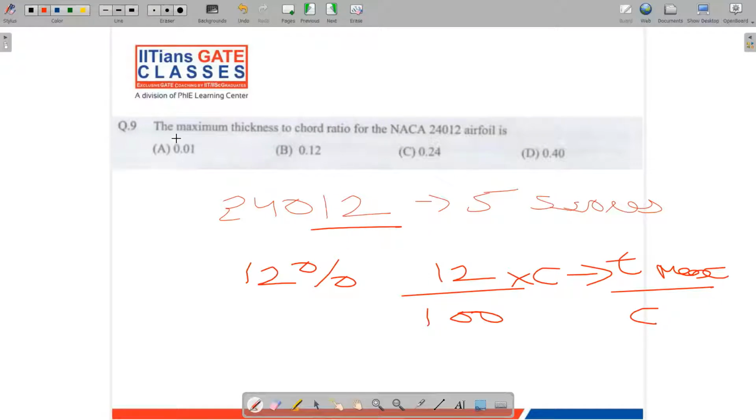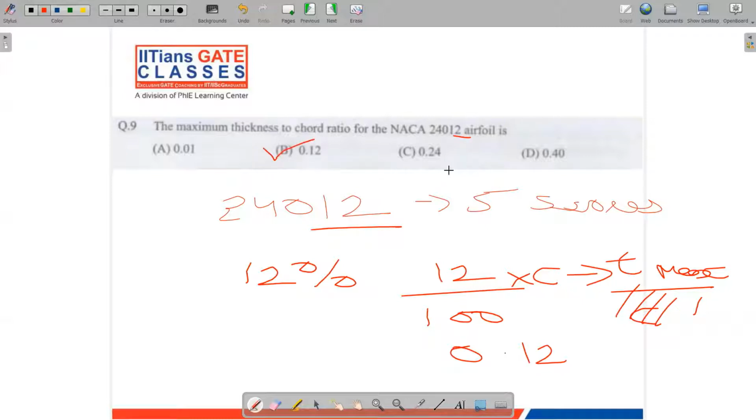So in this case, T max by C is nothing but 0.12. That is the significance of the last 2 digits, and that is basically the answer to this question.